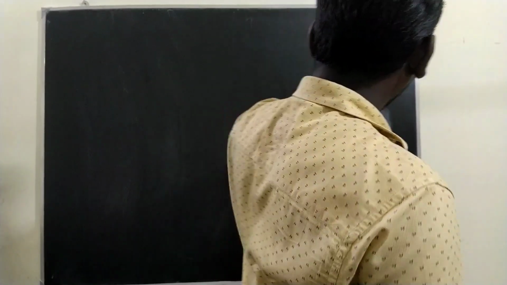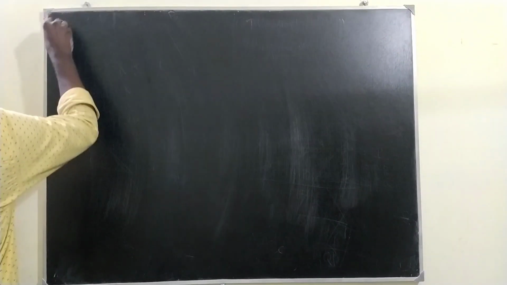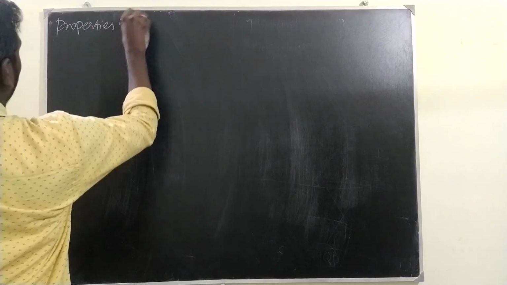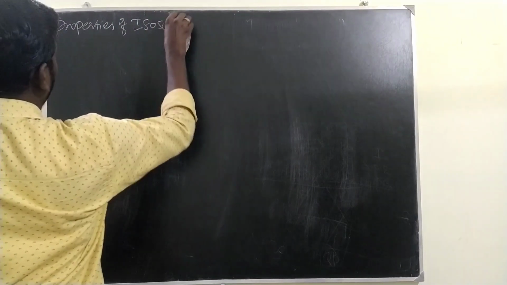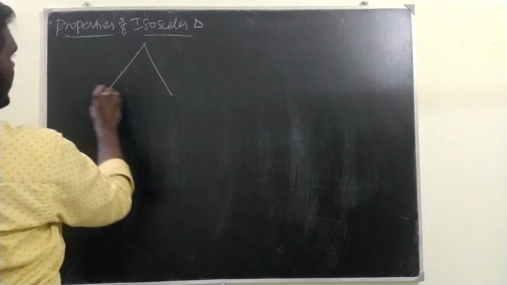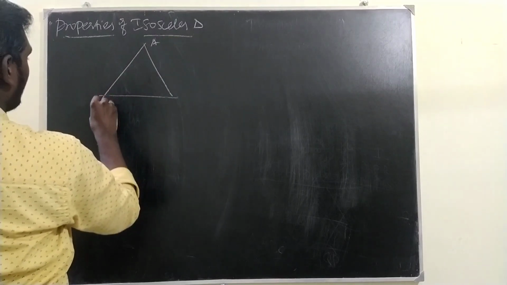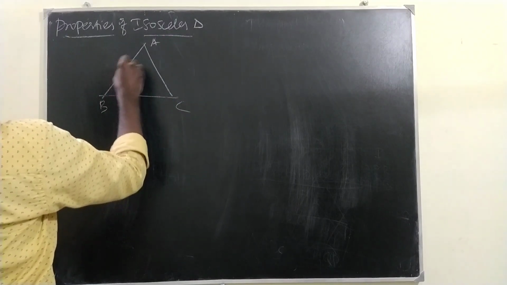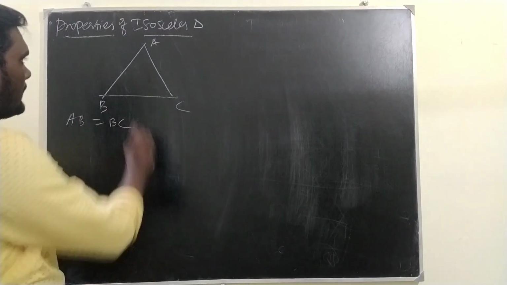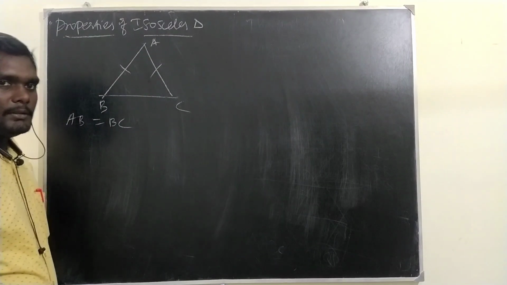So the properties of isosceles triangle. When ABC is an isosceles triangle such that AB is equal to AC, that means isosceles, right? Two sides are equal.